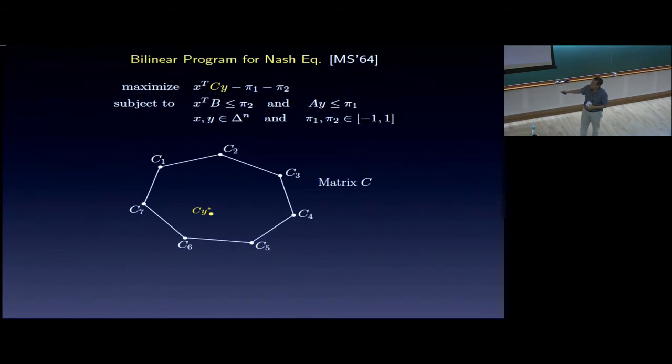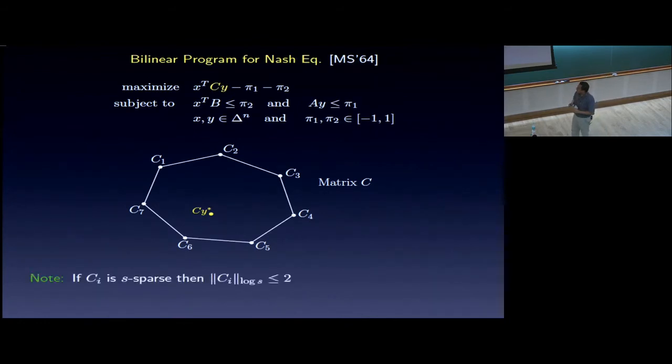Then Cy star is a vector that lies in the convex hull of the columns of C. I don't know exactly where this is, but it is in the convex hull of the columns of C, just because Y star is a probability vector. That's the connection to Caratheodory's theorem. So the Ci's represent the n-dimensional columns of C. The vector U star or Cy star that I'm trying to look for is somewhere in the convex hull.